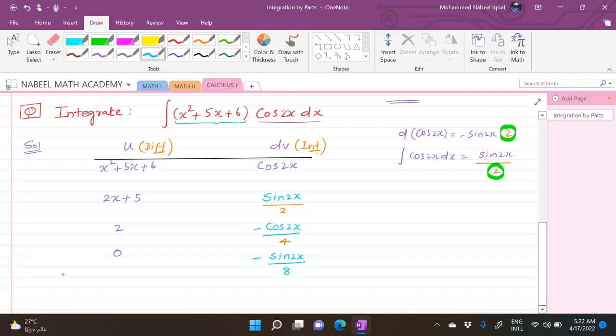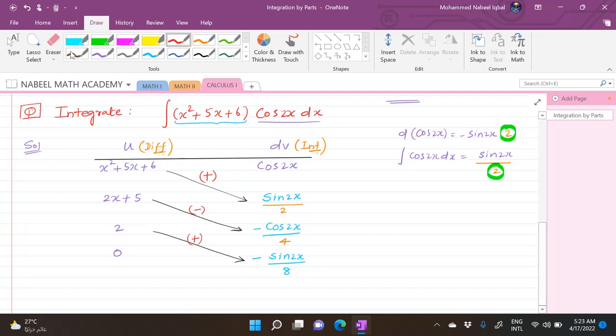So this is my order. Now I have to cross multiply. So the first sign starts with the plus, after that minus. In some books this is given as Bernoulli's method. This method we call Bernoulli's method or the tabular method.